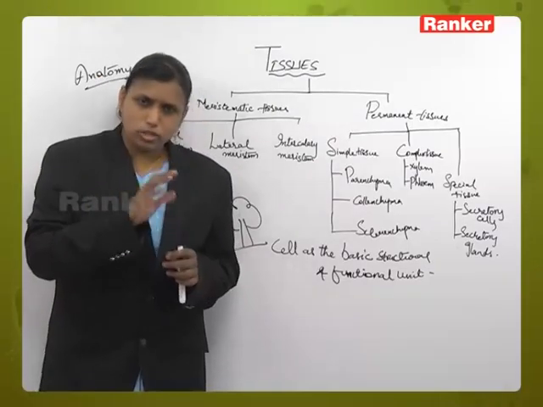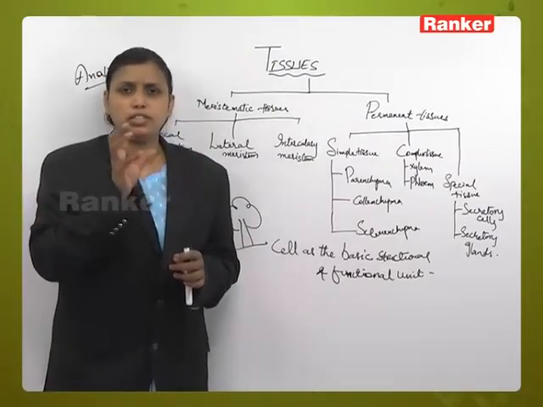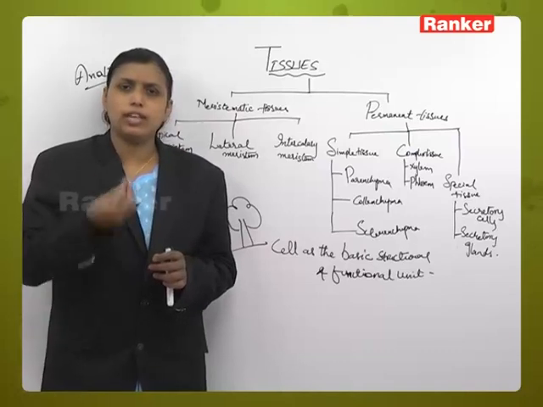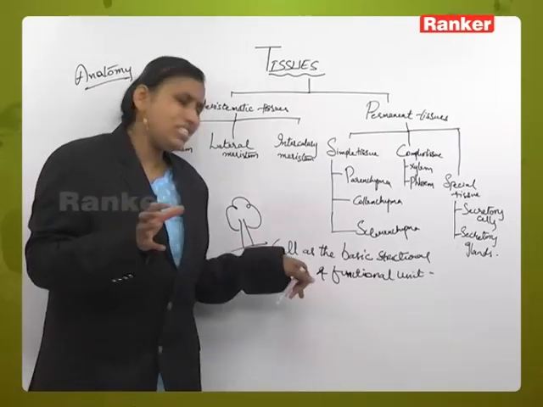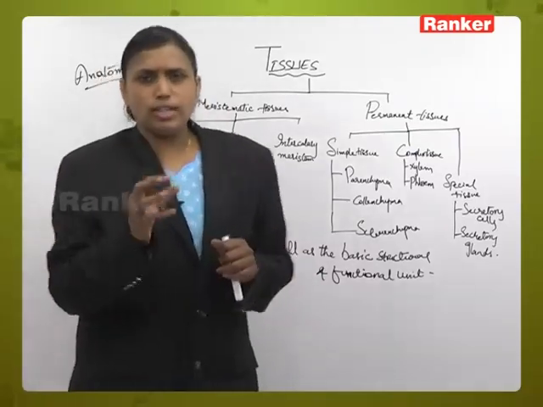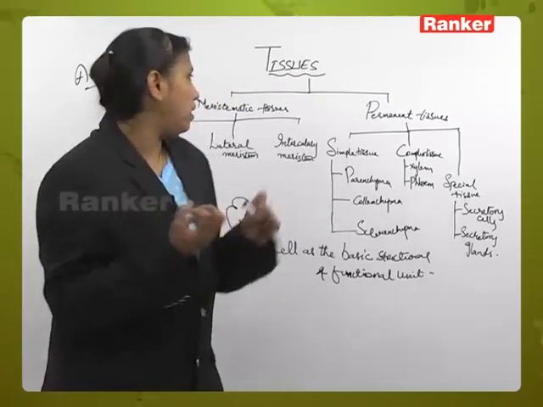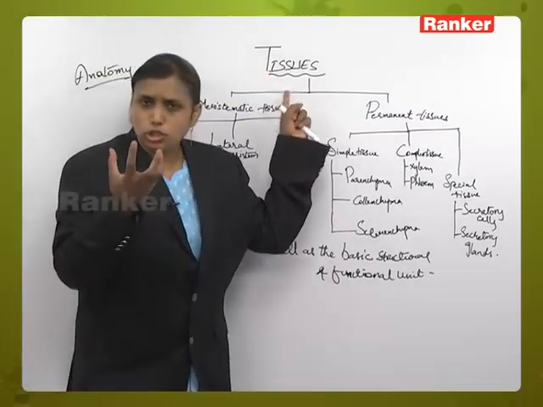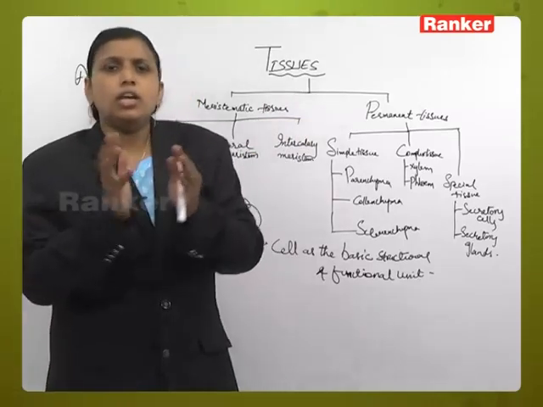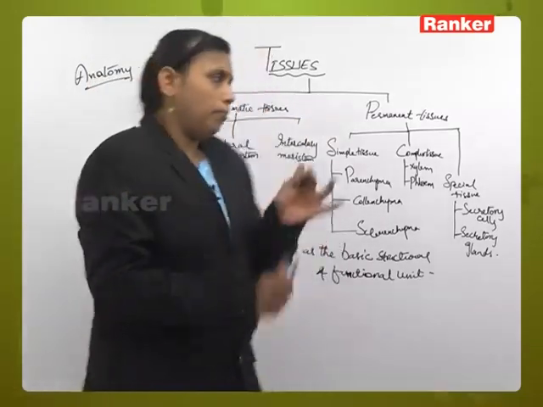So the basic unit of life in an organism is the cell. A combination of n number of cells will make a tissue. These tissues together will form an organ. A group of organs will form a plant body.